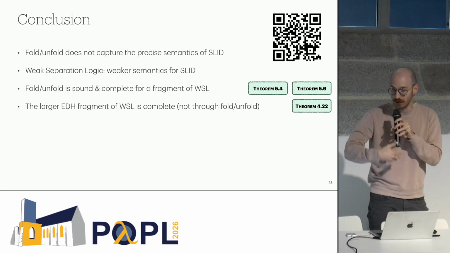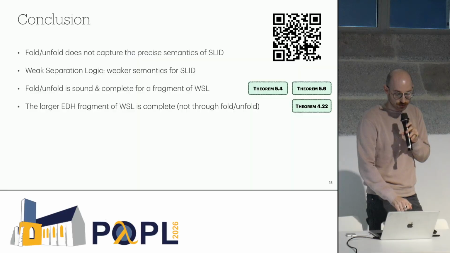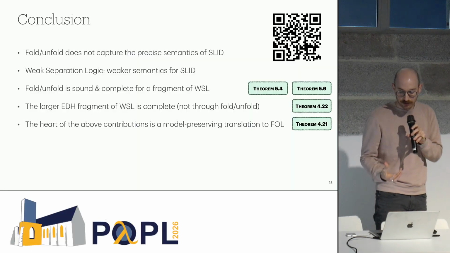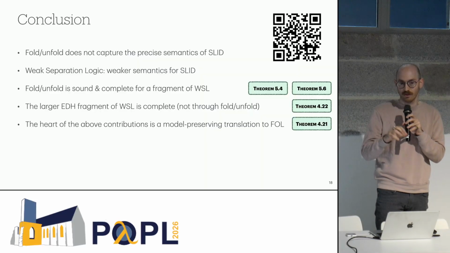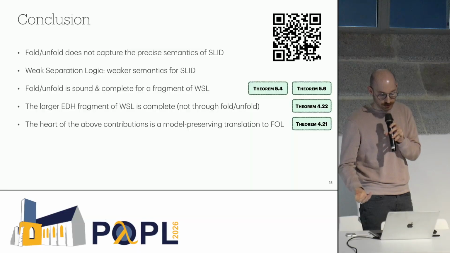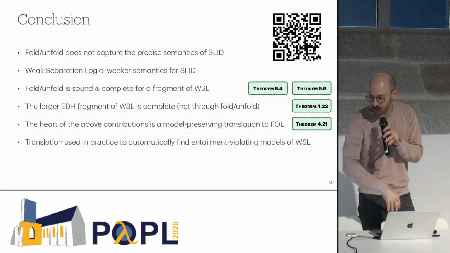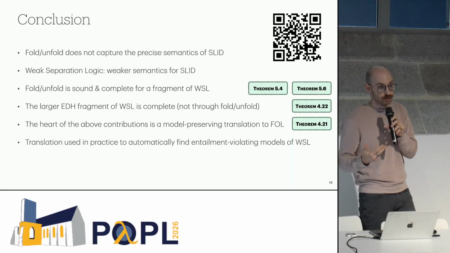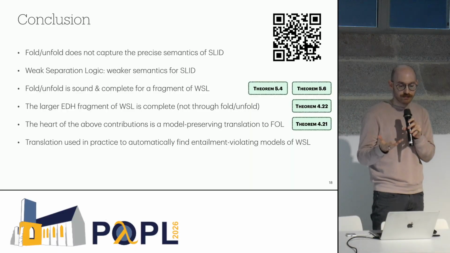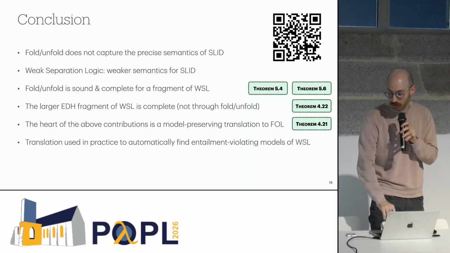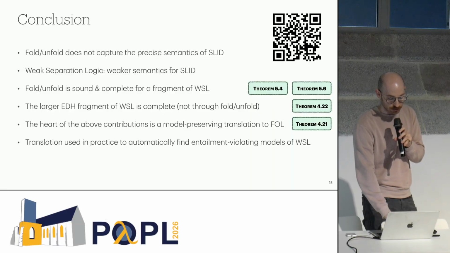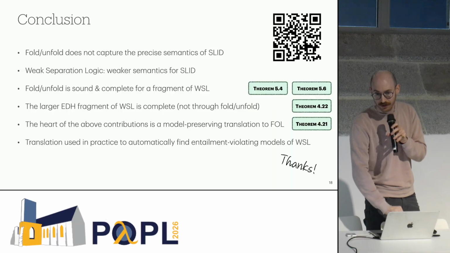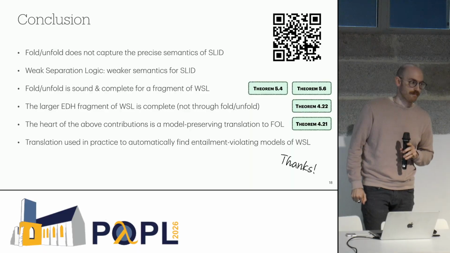I talked about how the larger EDH fragment is also complete. And the heart of these results is this model-preserving translation from weak separation logic to first-order logic. Also, I talked about how this can be used in practice to see why specific entailments are not provable. And we have a tool to automatically find these counter models. And that's it. Thank you.